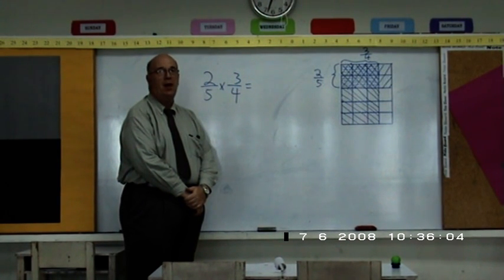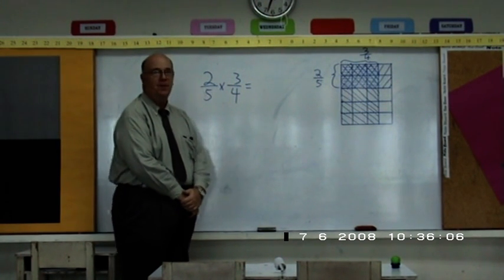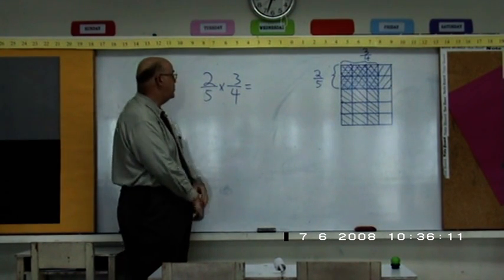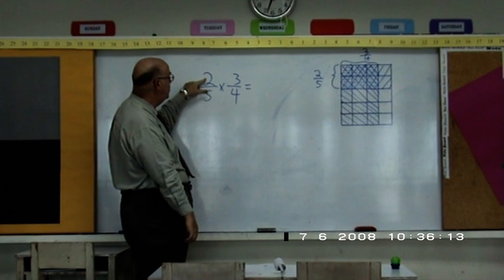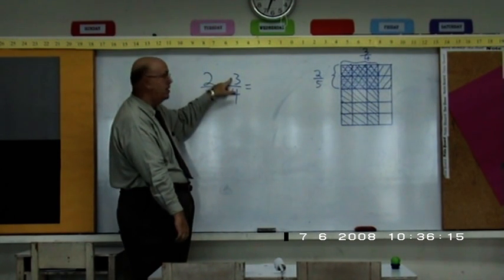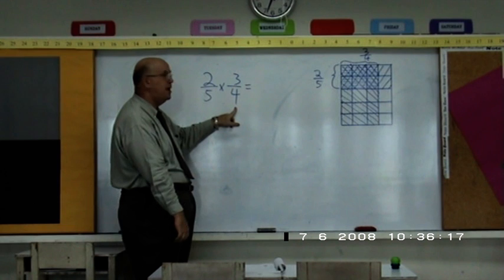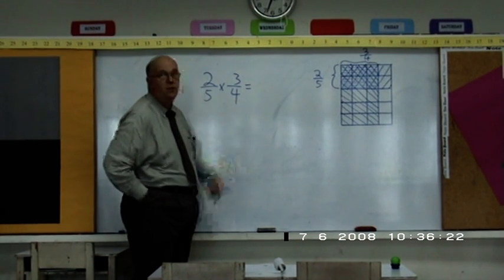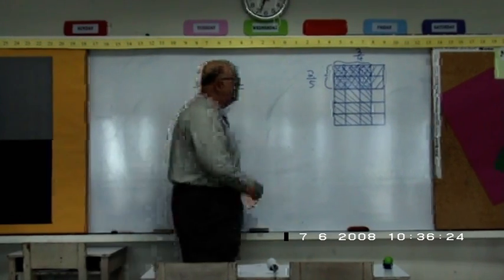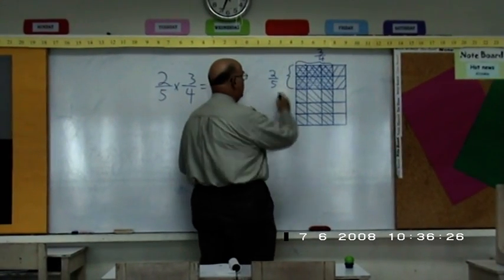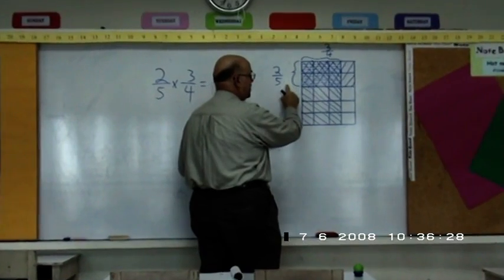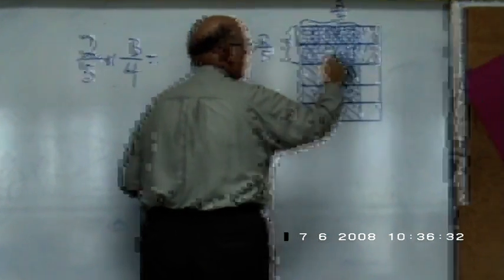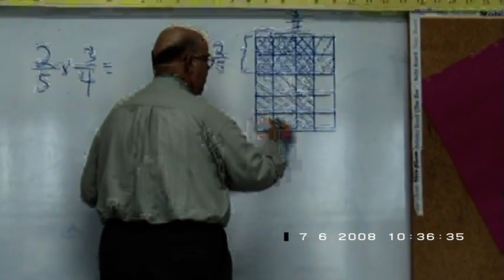Here we're going to multiply two fractions together. Now multiplying fractions is really easy because what you're going to do is take the numerator times the numerator and the denominator times the denominator. To see how that works, let's take a look at the drawing. Now you can see that here we have 2/5, okay? 1, 2, out of 1, 2, 3, 4, 5.